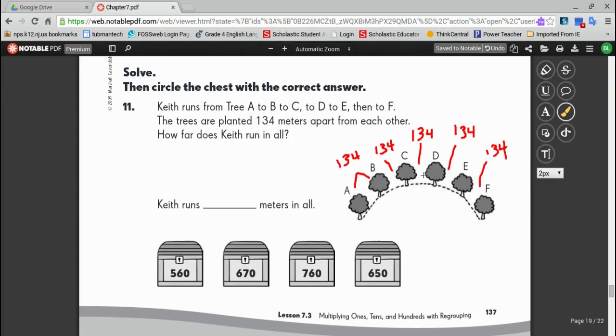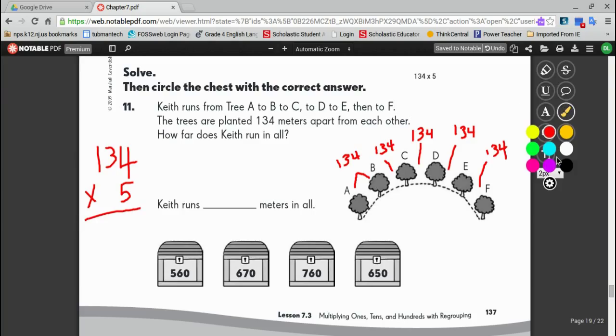So if you look at this, I have 134 plus 134 plus 134 plus 134 plus 134, which is the same thing as 134 times 5. Okay, so let's solve this problem together. Let's write it vertically. 134 times 5.